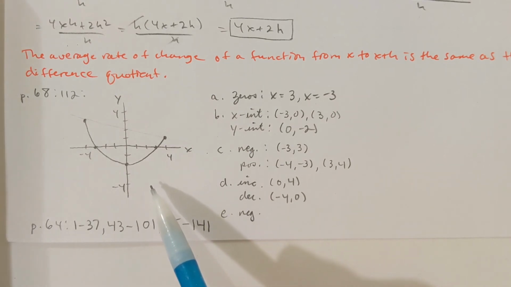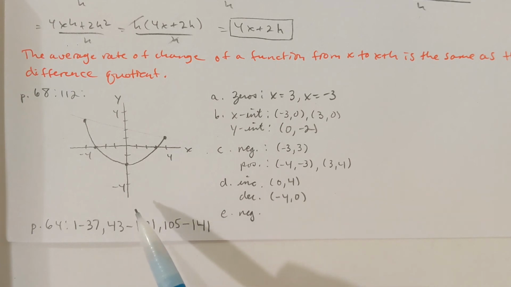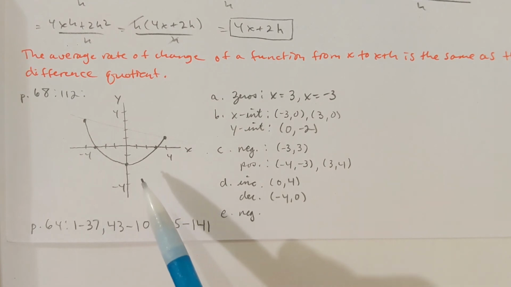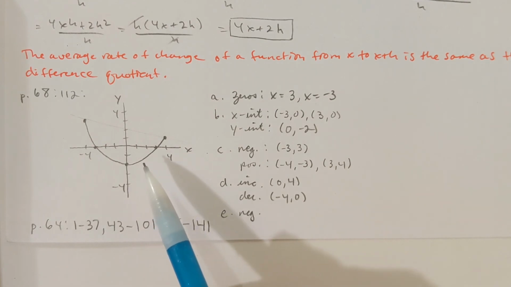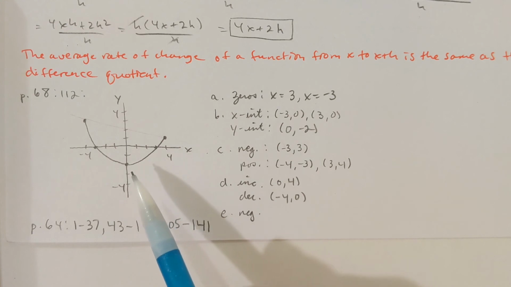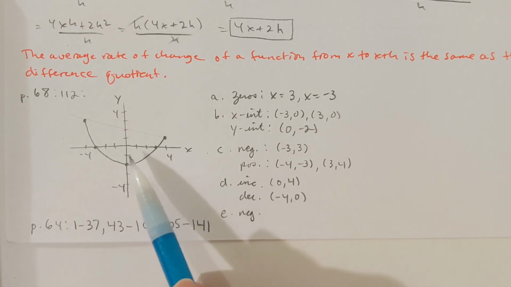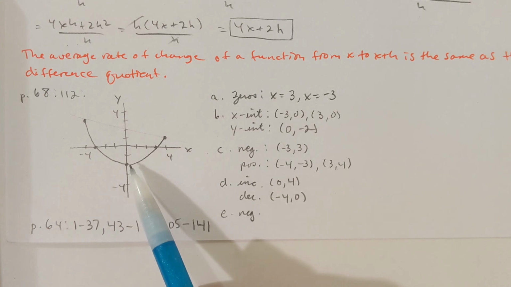Okay, part D. Identify where f is increasing or decreasing. Okay, well, increasing means that the slope of the graph is positive, and decreasing means that the slope of the graph is negative. It looks like anywhere from 0 to 4, I'm increasing on that part of the graph.